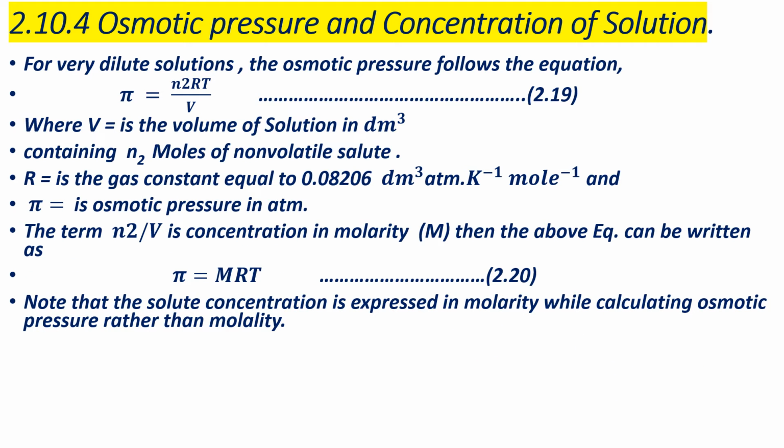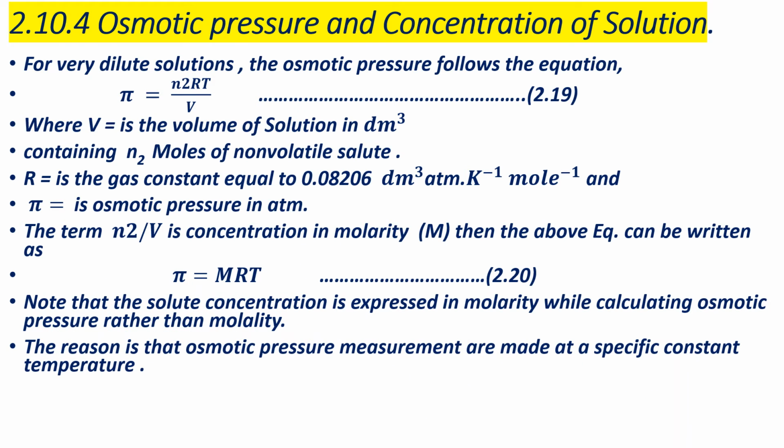Now note that the solute concentration is expressed in molarity while calculating osmotic pressure rather than molality. The reason is that osmotic pressure measurements are made at a specific constant temperature. For osmotic pressure, you need a specific constant temperature.